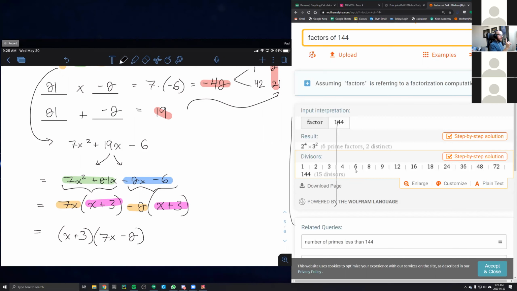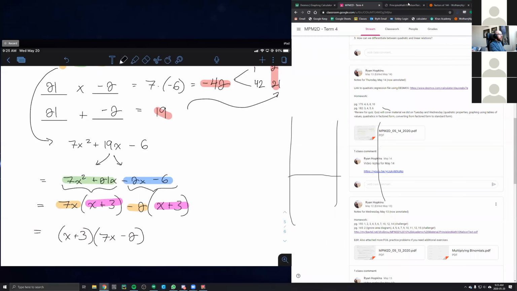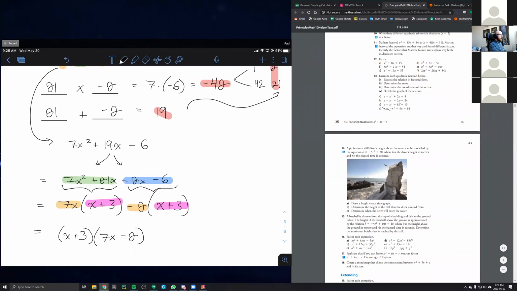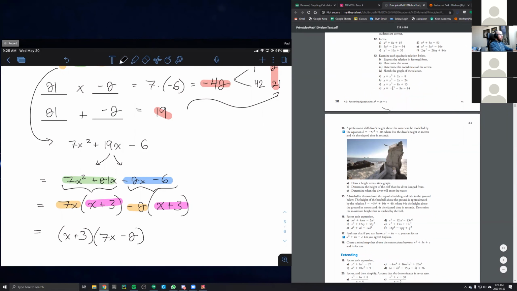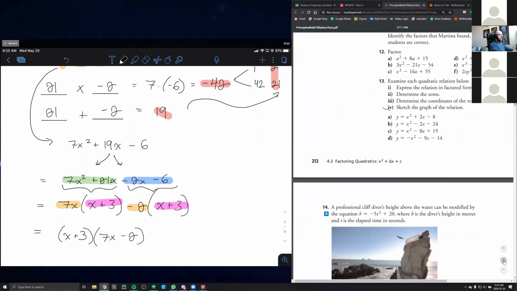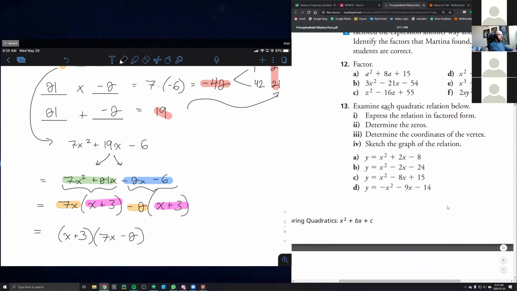Now I did want to show you guys just one quick trick that I saw. This is one of your homework problems for the day, but we're just going to look at the very first part of it.